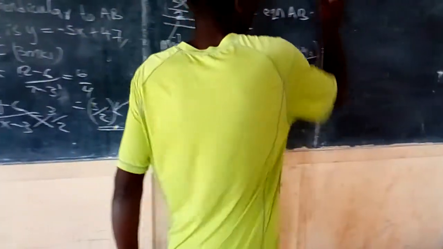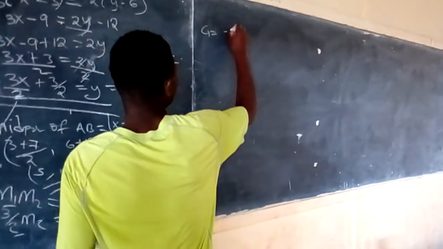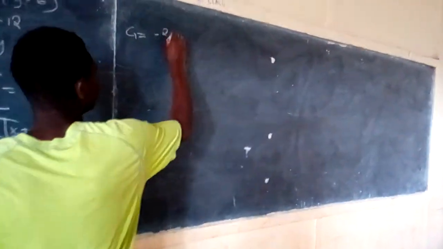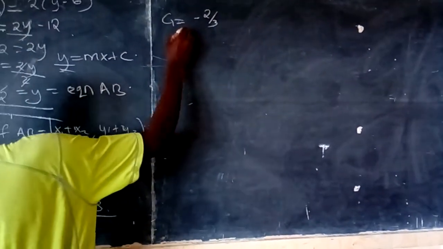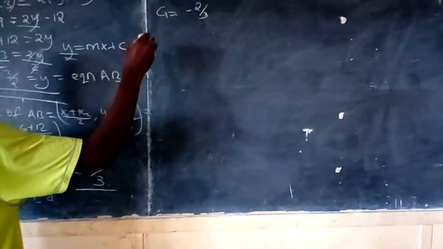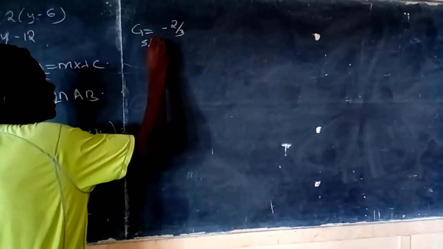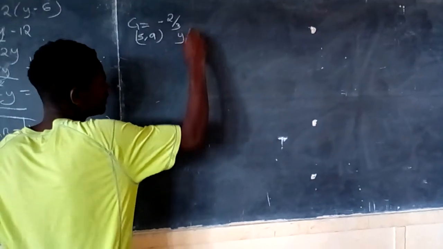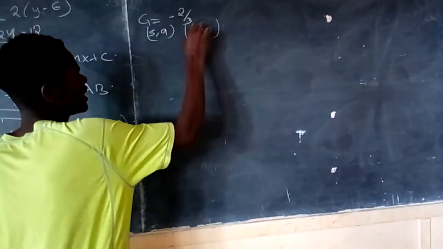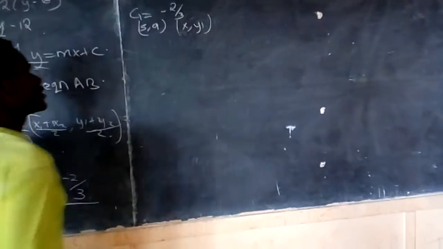The gradient of that line is equal to -2 over 3, the point is (5, 9), and the arbitrary point is (x, y).